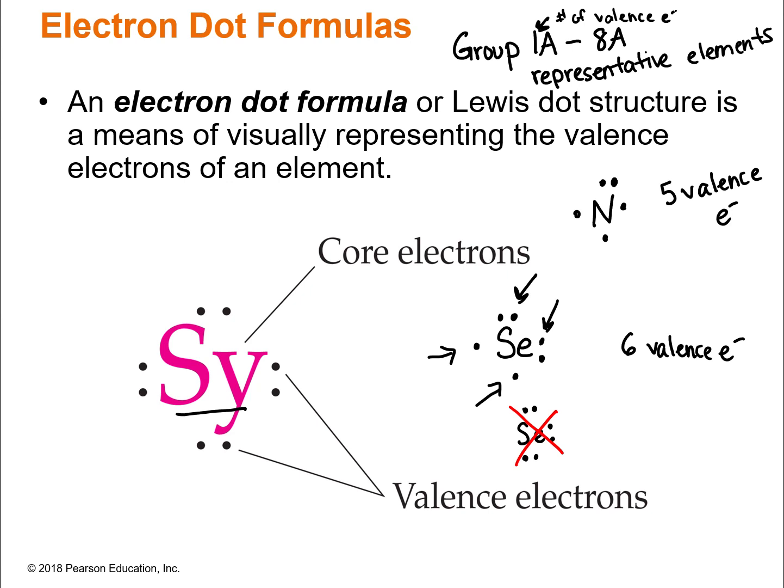So if you're in group 5A, you have 5 valence electrons. If you're in 4A, you have 4 valence electrons. So you don't have to write out the configuration and then figure it out. If you're looking at a representative element, the group number that has the A behind it will tell you how many valence electrons you have. Is that clear?